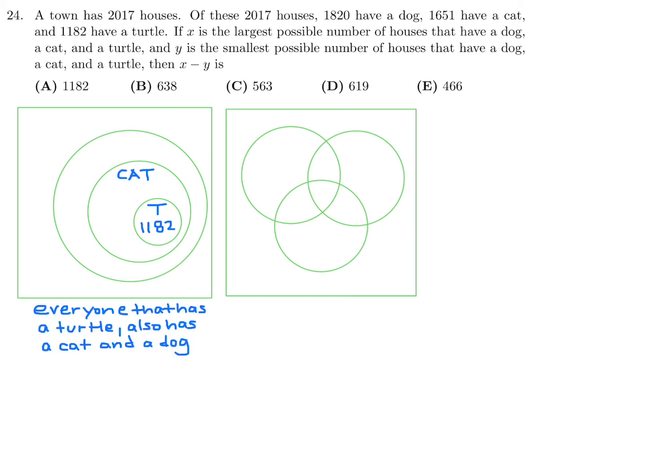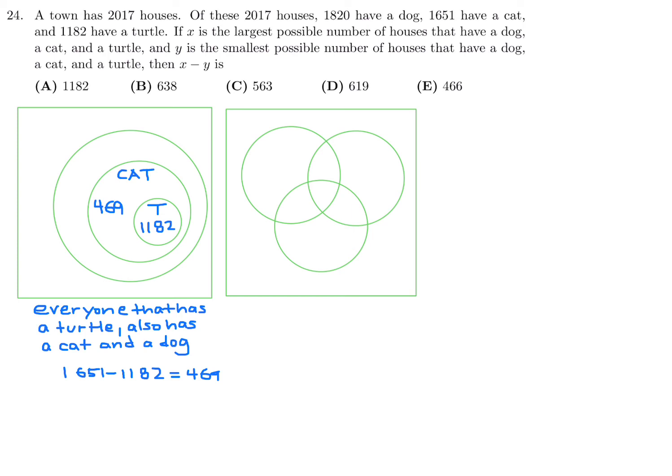Now, the number of people that have a turtle is given in the question, 1182, so that's why I put the 1182 in the turtle circle. Now the cat, 1651 have a cat, right? So if you subtract 1182 from that, it will give you 469, and that's what would go here.